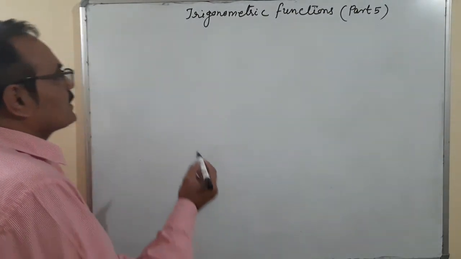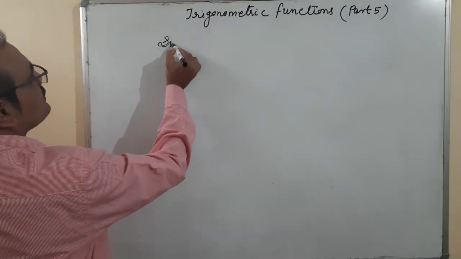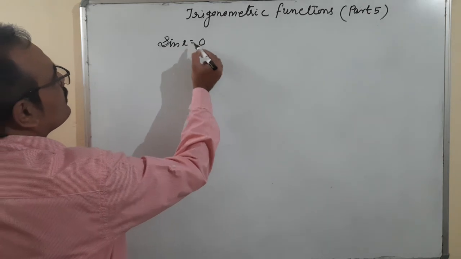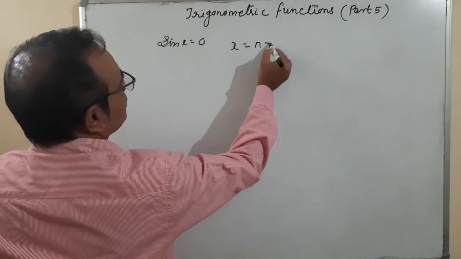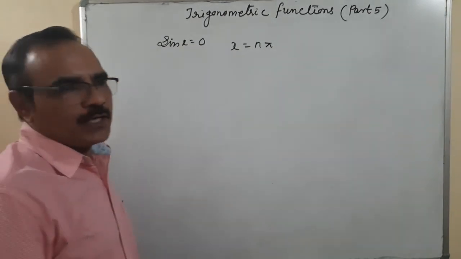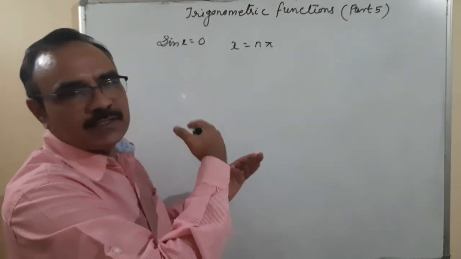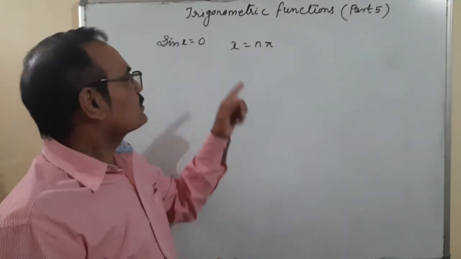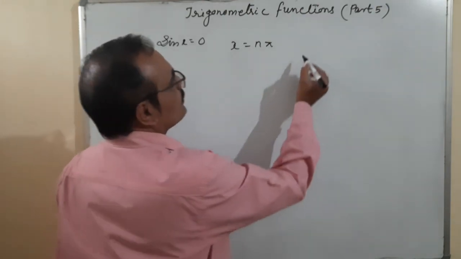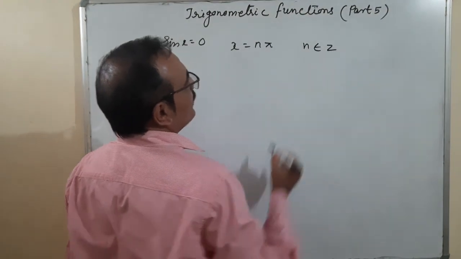Let me remind you of the general solution that I told you. If sin x is equal to 0, then x is equal to n pi, because the 0 is here at the first, after 180 degrees 0, then plus 180 degrees. So this is n pi where n belongs to integers.